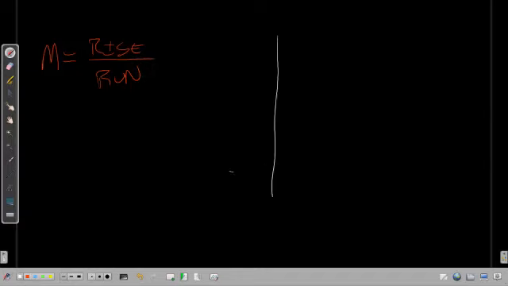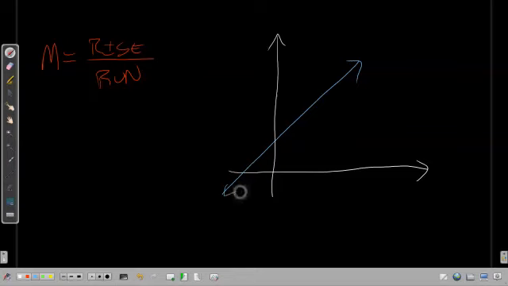Finally, our last case would be a line looking like this. It goes uphill.